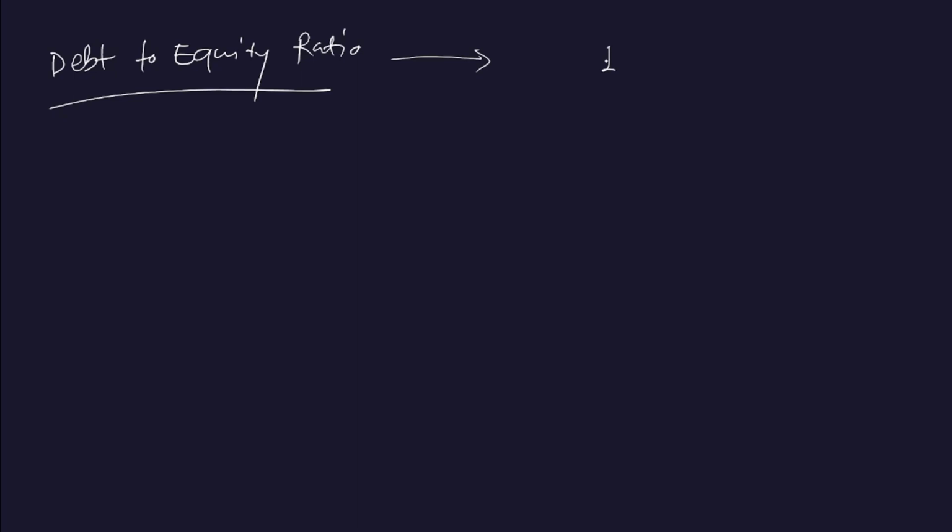Sometimes you would expect questions on how we calculate the debt to equity ratio. See, debt to equity should be 1 or less than this. Right? So why? Let's say equity capital value.